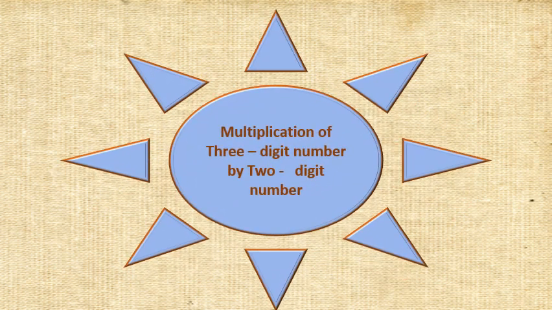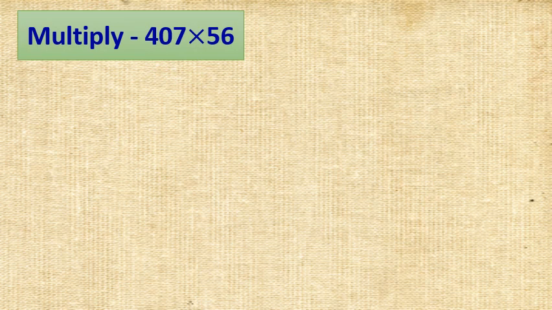Next, multiplication of 3-digit number by 2-digit number. Now we will multiply 3 digit by 2 digit using lattice method. Multiply 407 by 56.